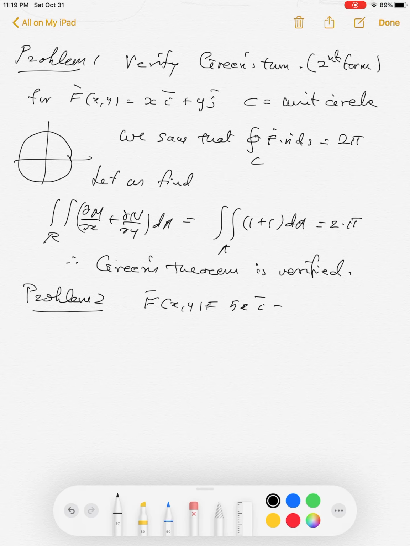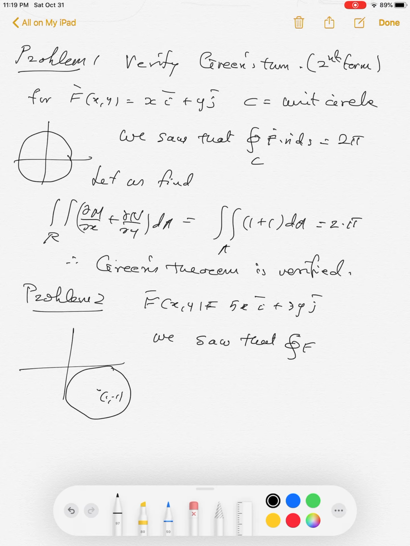Let's do problem 2, where my F bar will be the same field we just worked out before, 5x i bar plus 3y j bar, and your curve is this circle centered at (1, minus 1).